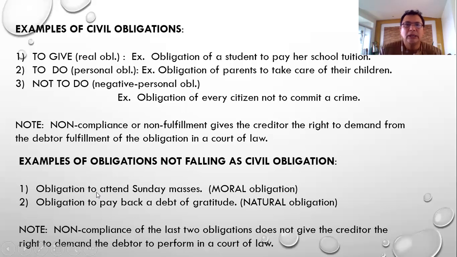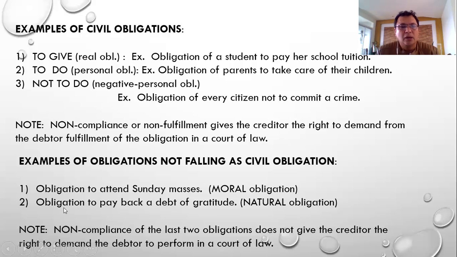Obligation to attend Sunday masses. Can the church go to court in order to compel the devotees to attend masses every Sunday? No. So there is no juridical necessity in this moral obligation, as well as natural obligation.